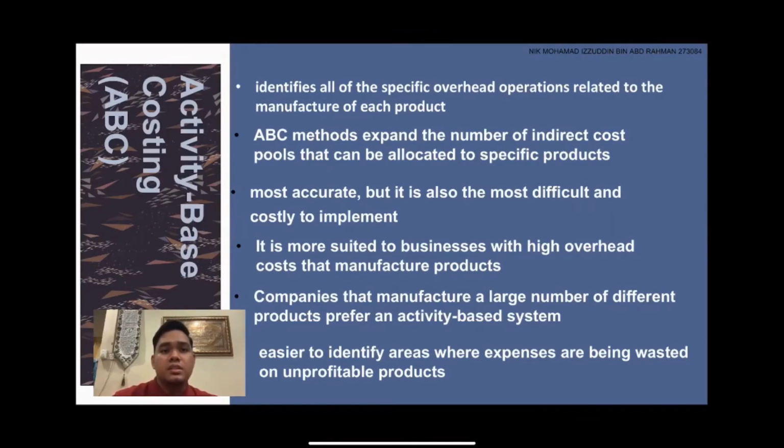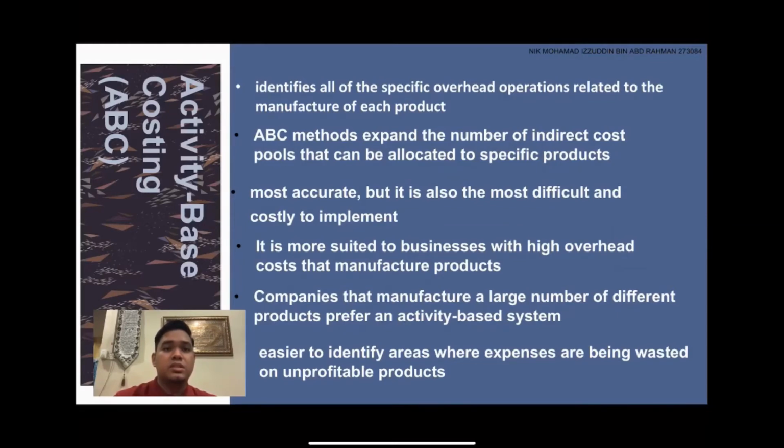A fundamental difference between traditional costing and ABC costing is that ABC methods expand the number of indirect cost pools that can be allocated to specific products. The traditional method takes one pool of a company's total overhead costs to allocate universally to all products.